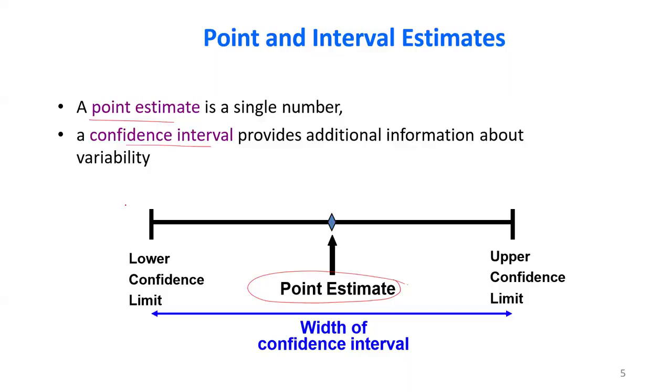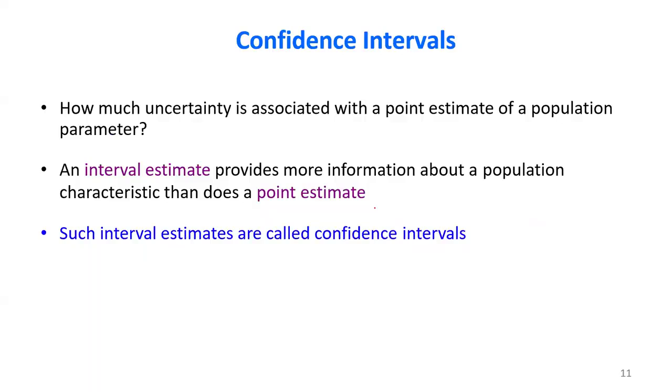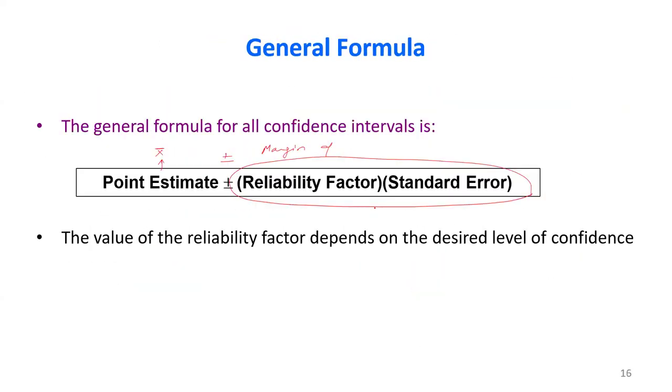So it is the point estimate plus minus a certain term, something you can see in this formula. This term we call the margin of error, MOE. So point estimate plus minus MOE is equal to the confidence interval.